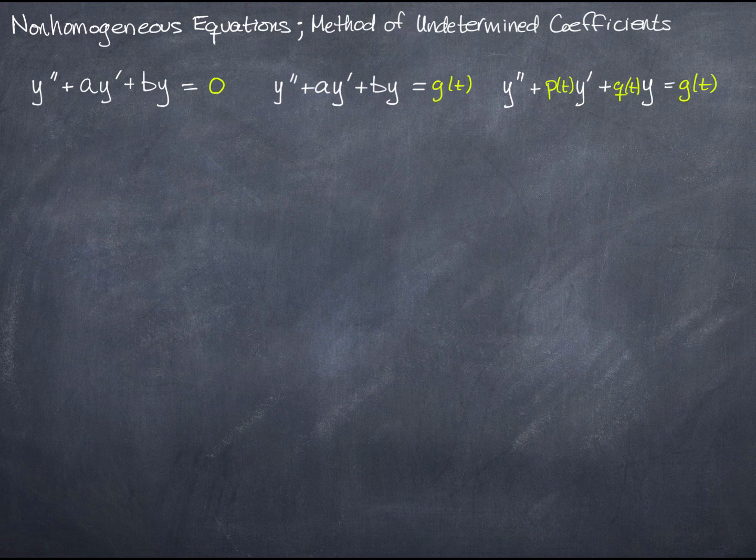All right, what we're going to do now is state a few facts, and use those facts to build up to how to go about finding solutions to a non-homogeneous second-order linear differential equation.